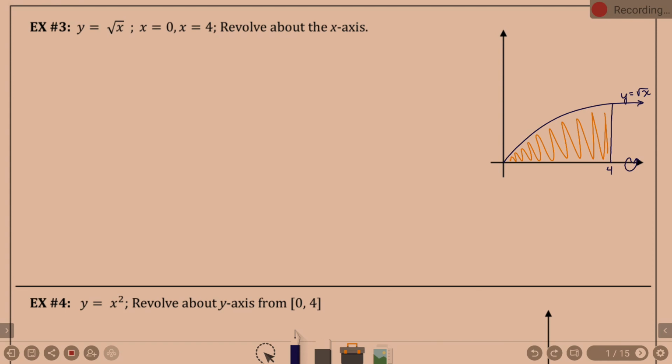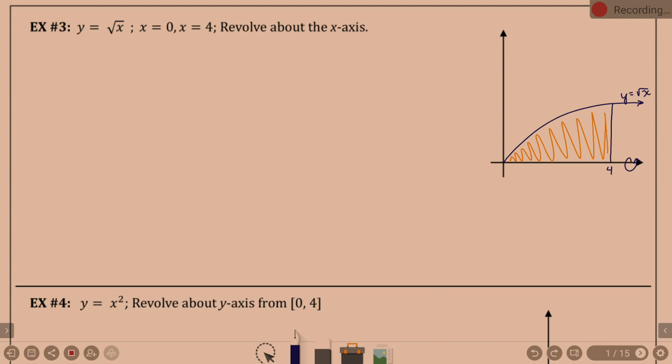A bowl, an upside down bowl. Well, I say upside down because my visualization is setting it this way, so I guess a bowl on its side, on its edge.